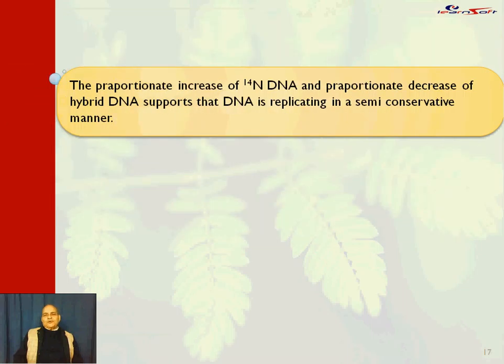The proportionate increase of protein in DNA and proportionate decrease of hybrid DNA supports that DNA is replicating in a semi-conservative manner. I just told you earlier that if you go on isolating the DNA from the subsequent generations, you will see there is a proportionate increase of the protein in DNA and a proportionate decrease of hybrid DNA.